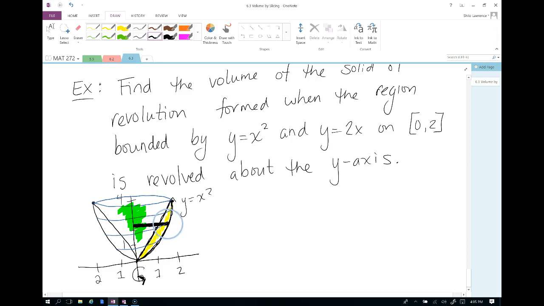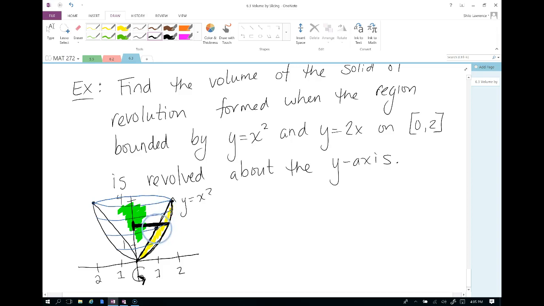You need to see which graph it crosses first, which one is farther away from your axis of revolution. Here's our axis of revolution. The one that's farther is the one we want first in our integral. That's the one that creates the larger volume. And then the one that's closer is the one that we're going to write second in the subtraction problem.